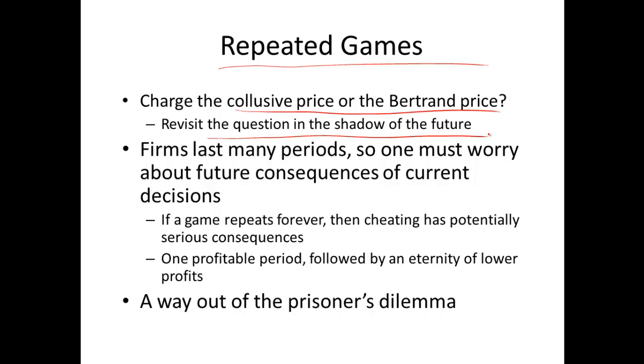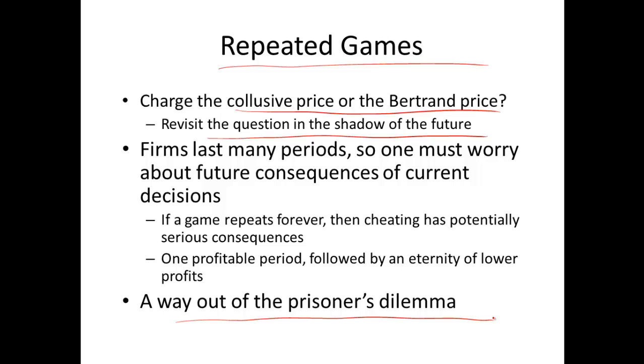Now, if you think about the costs and benefits of charging that low price and getting a bonus for it this period, but being punished into the future, that might give you pause. So the threat of an eternity of lower profits might be some discipline to stay with that higher price and higher-profit box. You can think of that as a way out of the prisoner's dilemma.